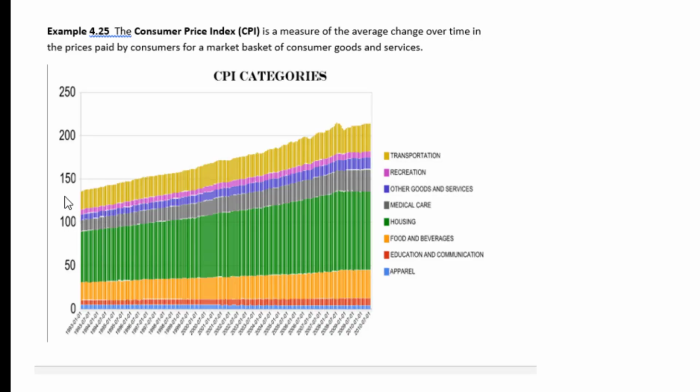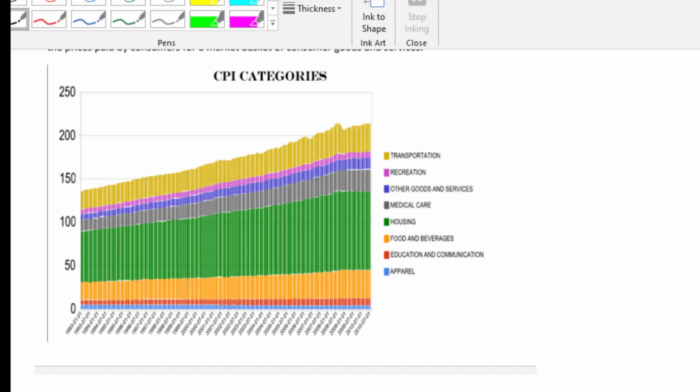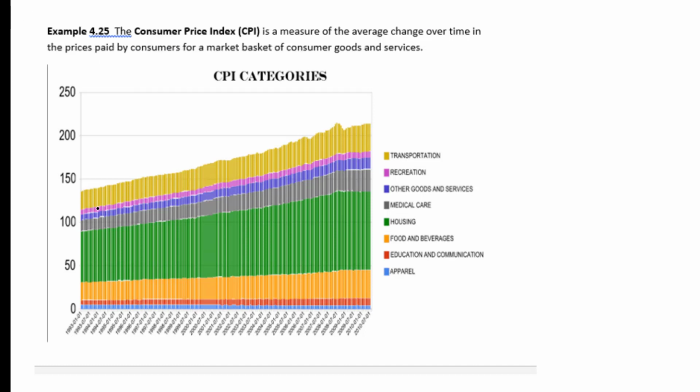So this is just a little bit of information which you don't really have to memorize, but it's one of the main areas where we use percent increases, right? The CPI is a measure of the average basket of goods. It's a basket of consumer goods over time. So it's not like an Easter basket, right?